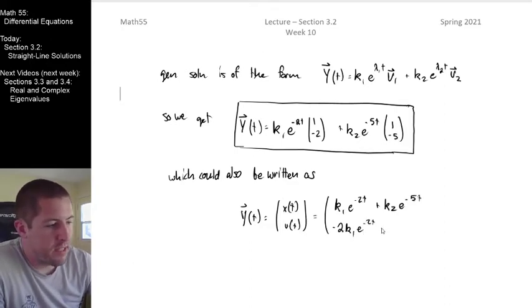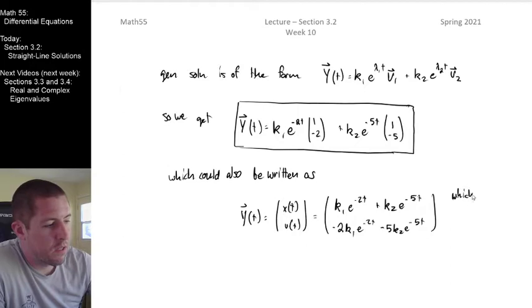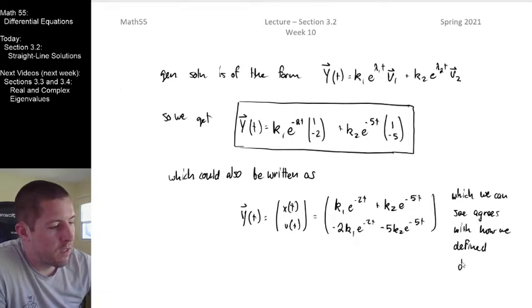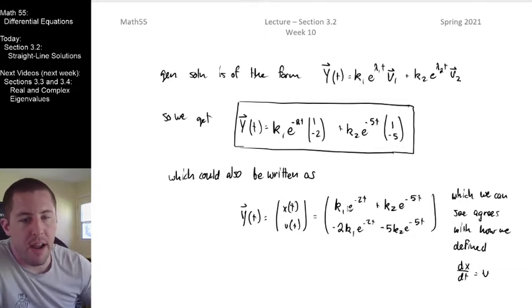Negative 5 times k2 e to the negative 5t. And that totally agrees with the fact that we literally defined v to be dx/dt. We literally got the derivative right here.